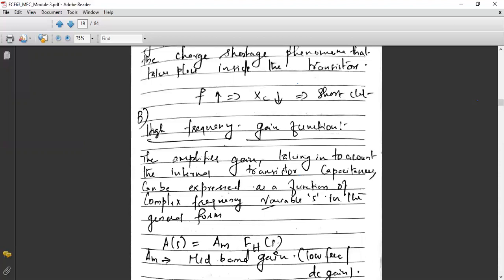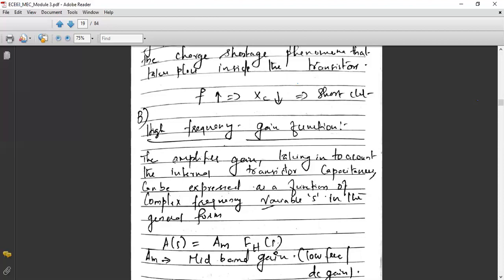It varies with respect to a high frequency function fh of S. We can't say that this high frequency function is always a constant. It will change. For fh of S equal to 1, A of S is equal to AM. This fh of S is known as the high frequency gain function and AM is known as the midband gain.